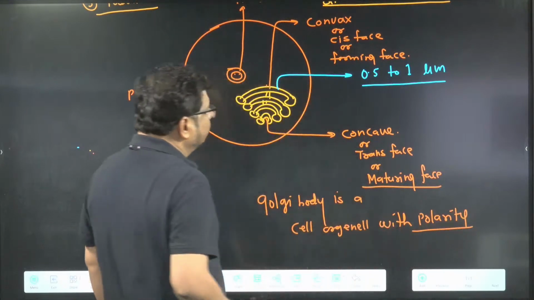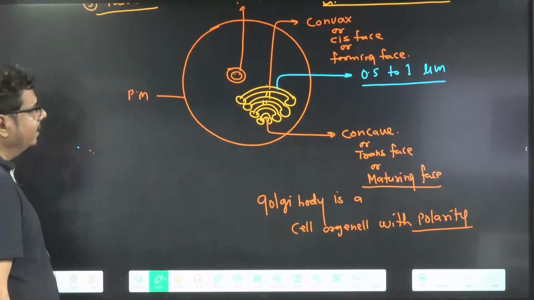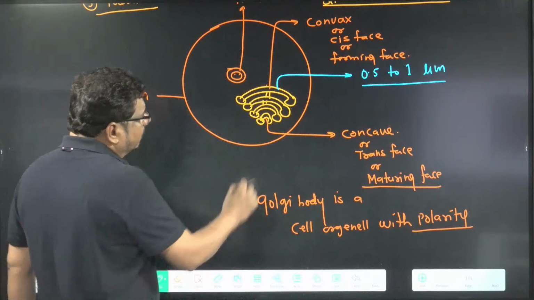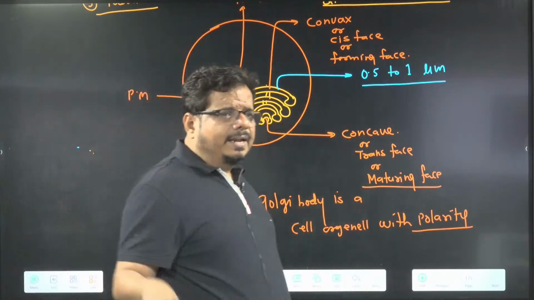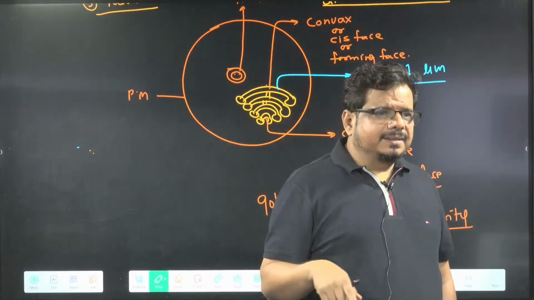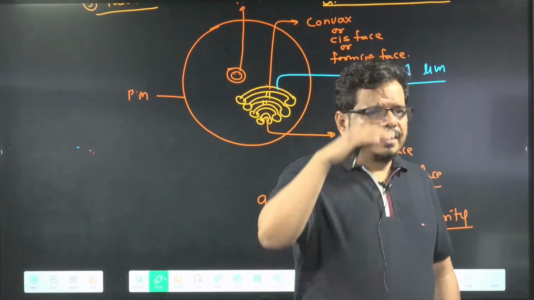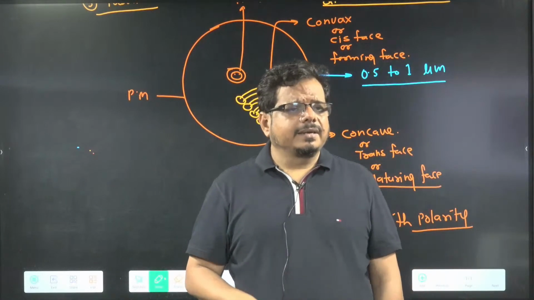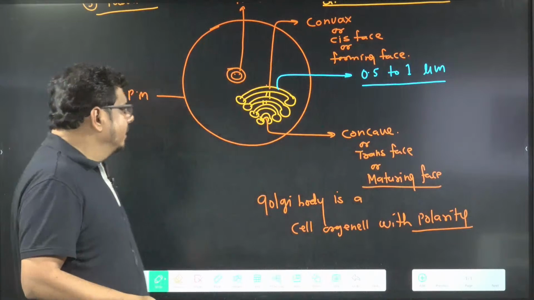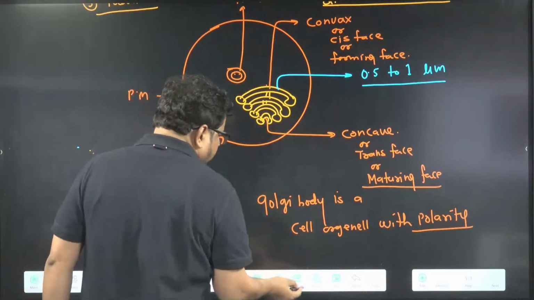Polarity we are telling due to two faces, cis face and trans face. So you got the structure of the Golgi body. It is made up of flattened discoid structures, and they are stacked over each other and interconnected with each other also.